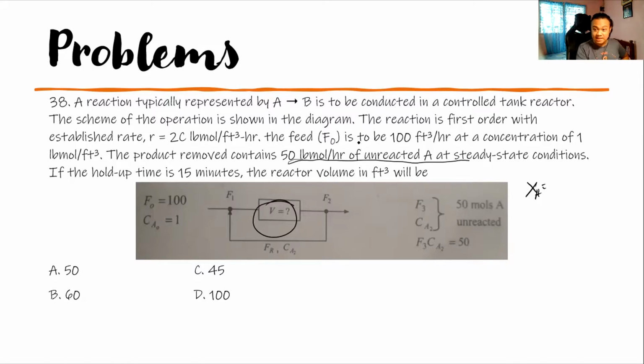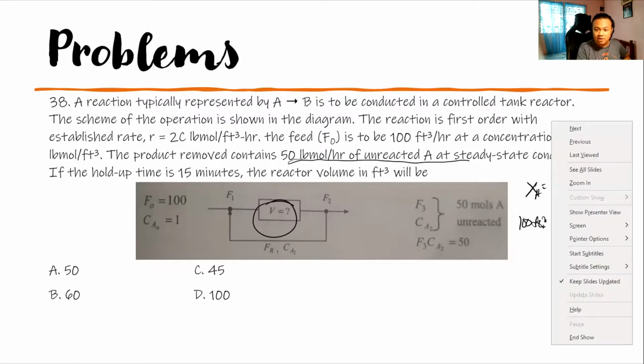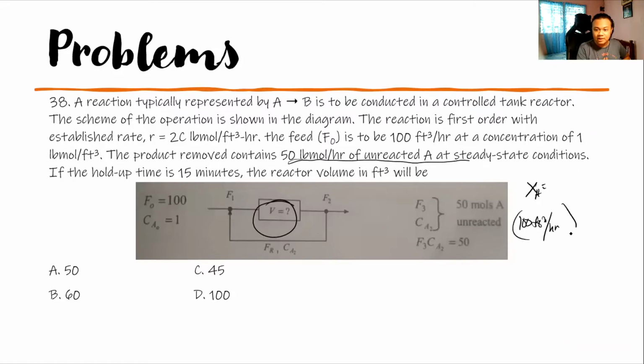What went in is 100 cubic feet per hour, and the concentration is 1 pound mole per cubic feet. So what goes in is 100 pound mole per hour.